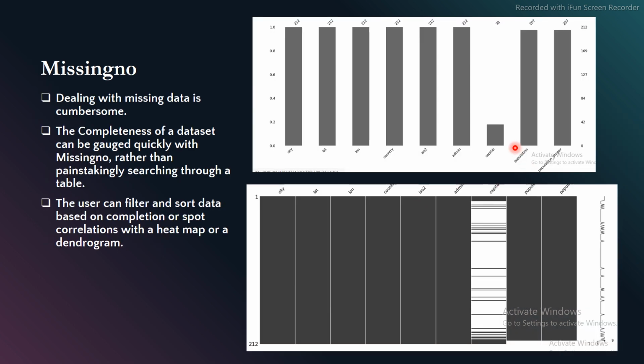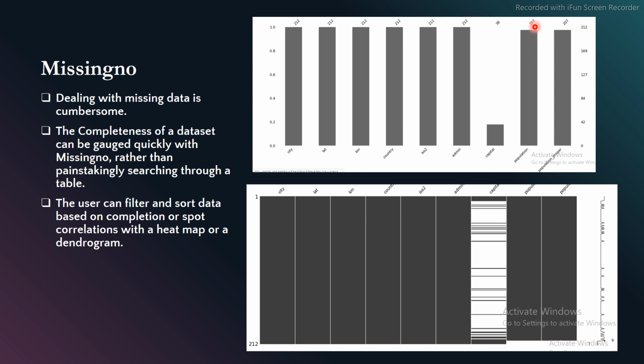For example, if you see the capital, it has a missing number. Every single feature has 212 data points, but this capital population proper has 207, 207 and 38. It means it has more missing data.